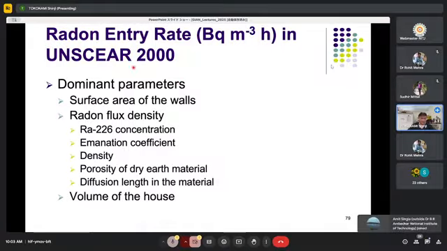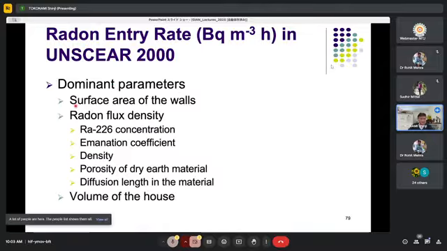According to the UNSCEAR 2000 report, radon entry rate expressed in becquerel per cubic meter hour is dominated by the following parameters.